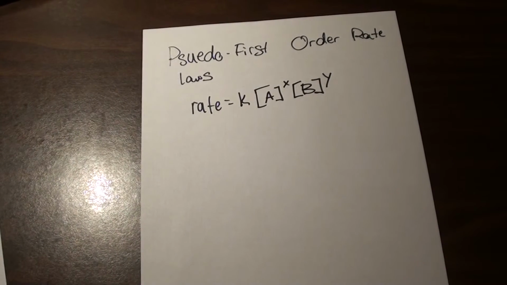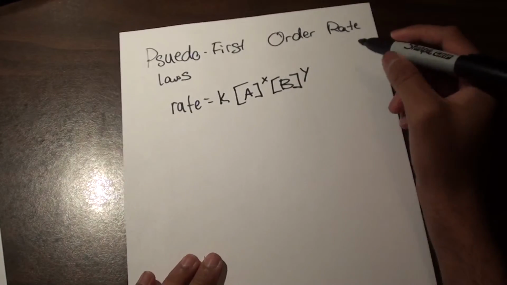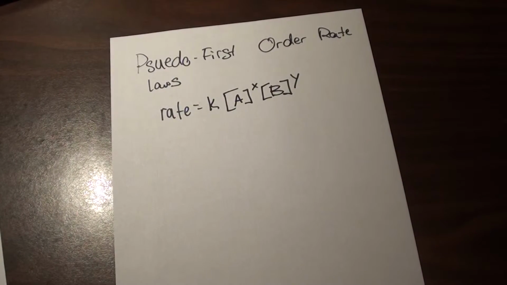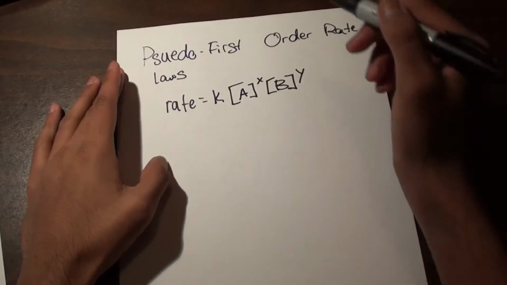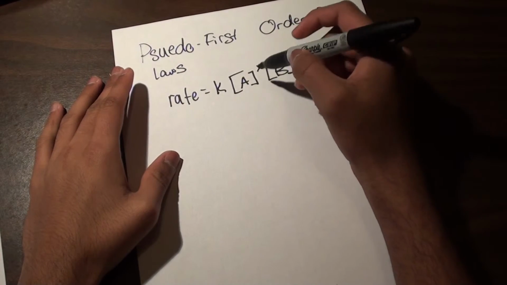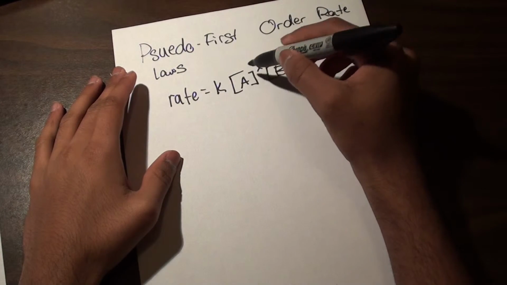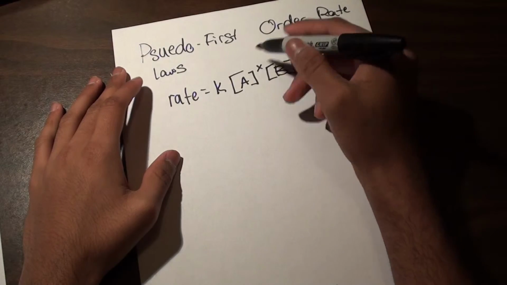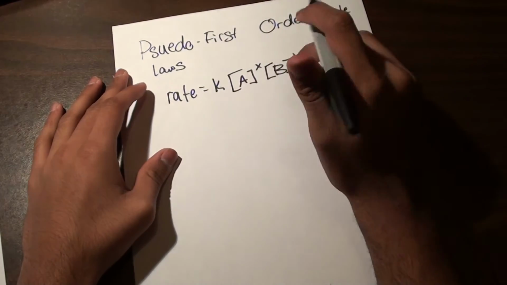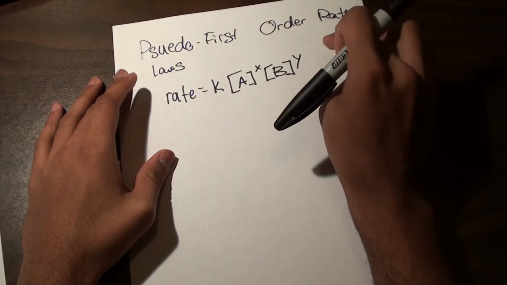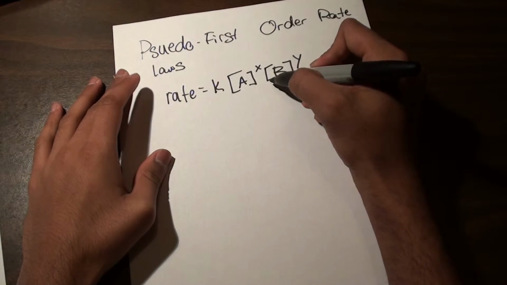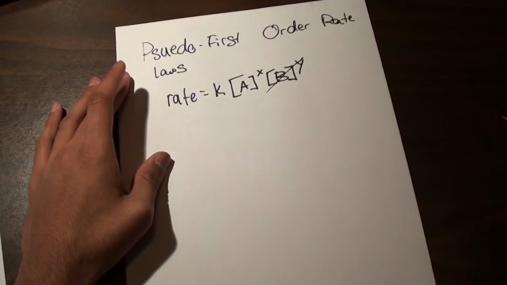Here, as you can see, we have a lot of variables that, depending on how the experiment is set up, we might not know. So in order to make it simpler, even though this obviously isn't first order because you have two different reactants, you can make it a pseudo first order rate law by basically eliminating the second one.